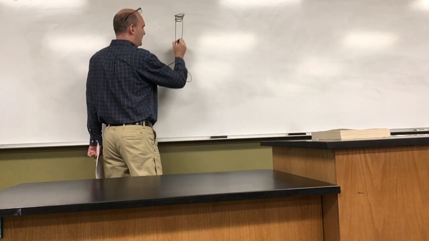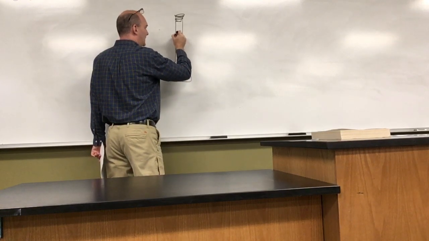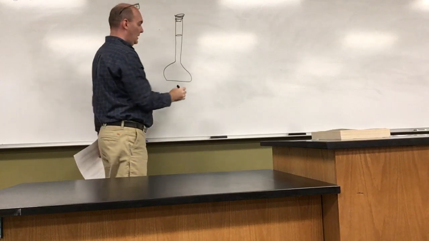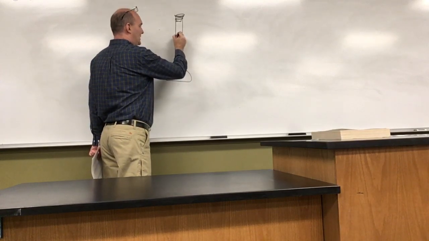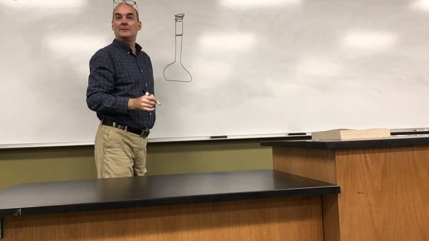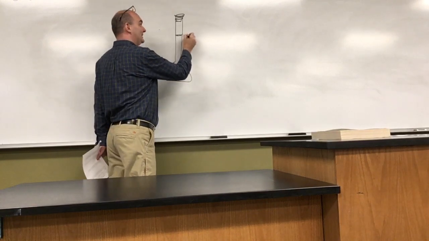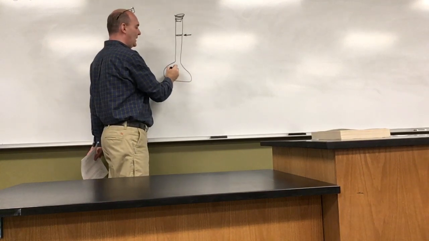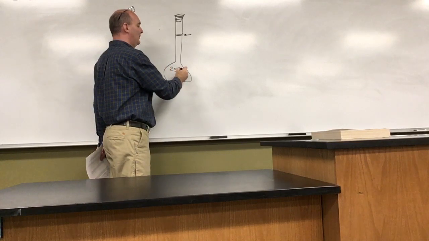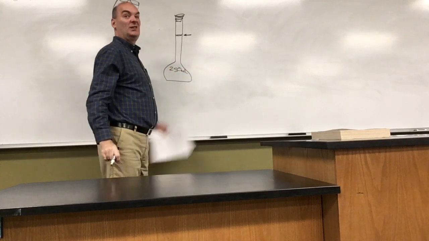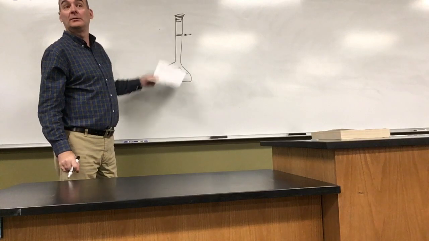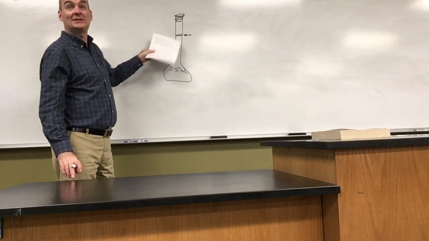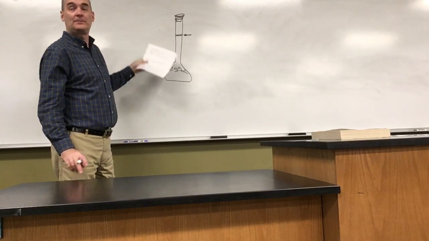And you fill all this up, and then there's a little thin line. You fill it until the meniscus hits the line, and that tells you that it is exactly what the volume printed on the label is. And this one says 250 milliliters. That means I'm really very confident that I've just put 250 milliliters in it. That's a volumetric flask.